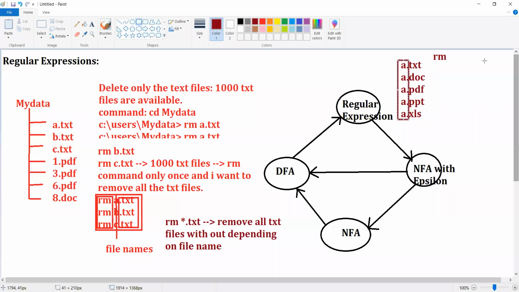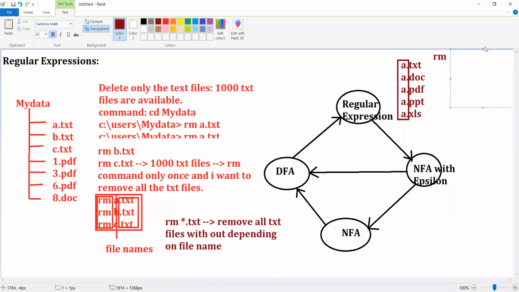So rm followed by the name of the file, A, and then a dot. A dot is common. Then what about txt, doc, pdf, ppt and xls? How do you represent this? In order to represent that, I am going to make use of the wildcard character called star.